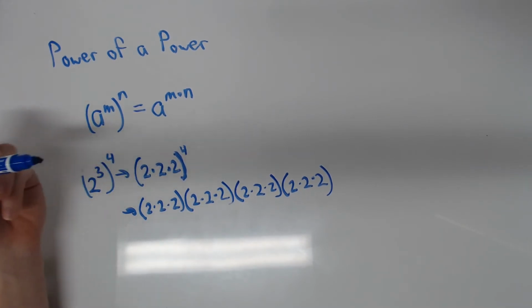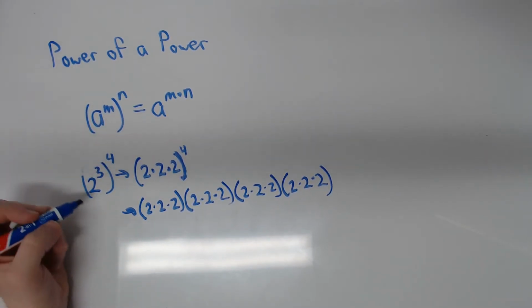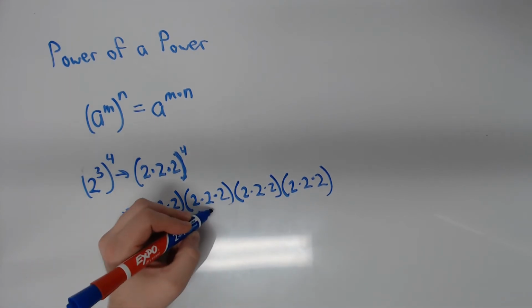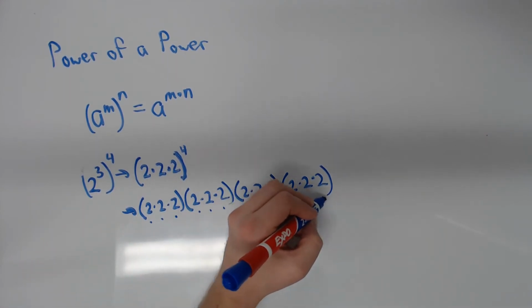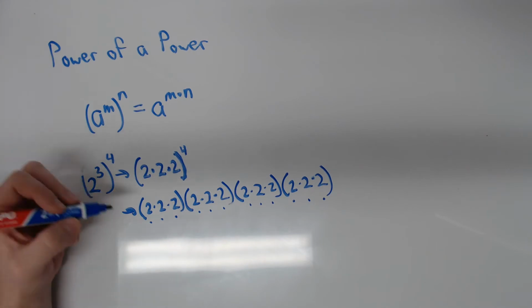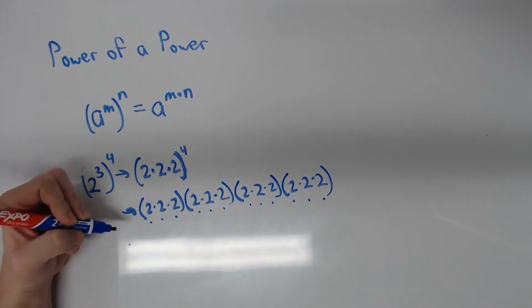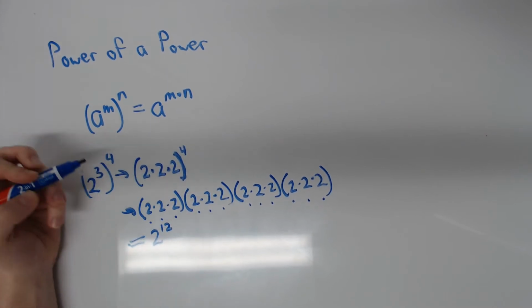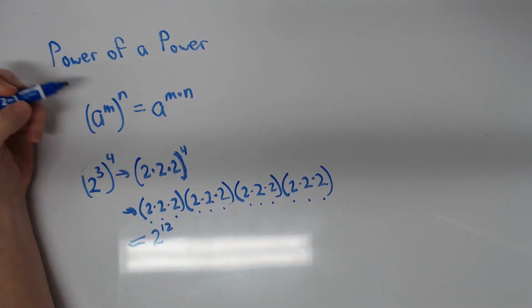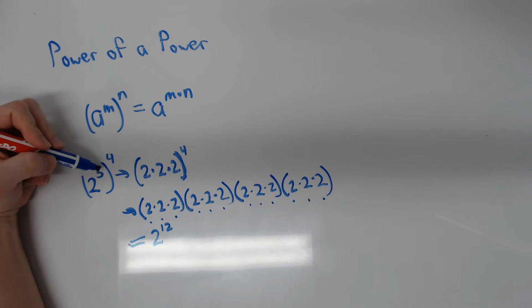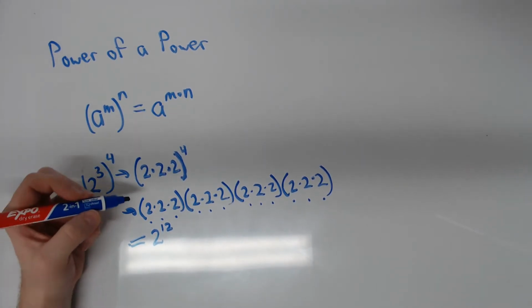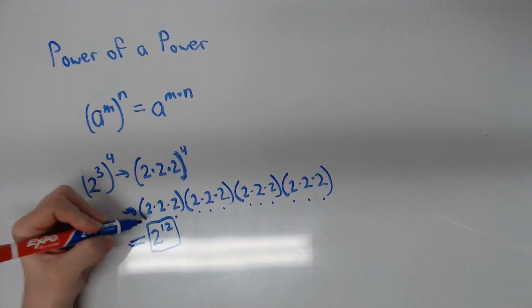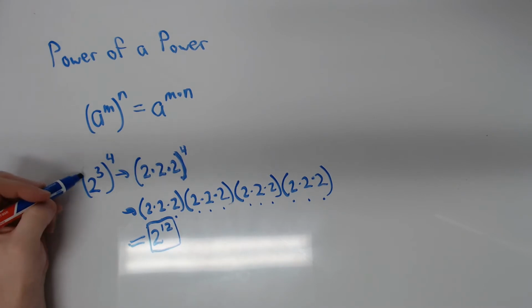That just happens to be 2 times 2 times 2 in parentheses. So now if we count them up, we definitely have 12 2's multiplied together. All right. So what should come out of this is 2 to the 12th power, and that matches up with the property. M times n, 3 times 4 should be 12, and that's what we get when we expand the whole thing out just with exponents.